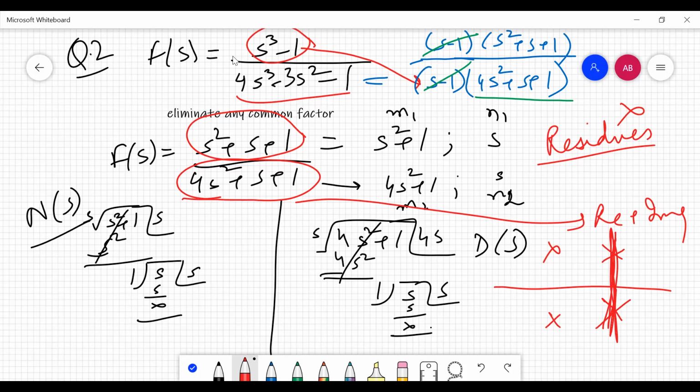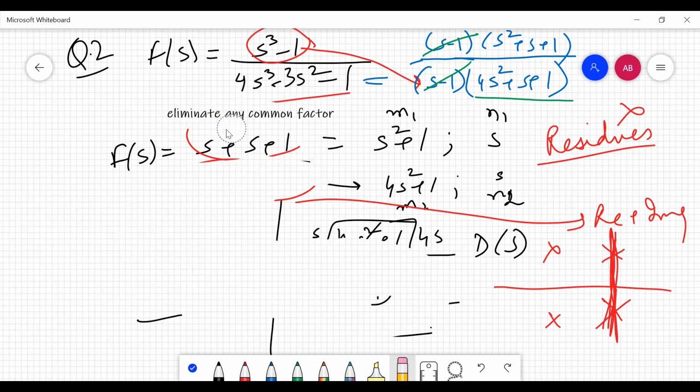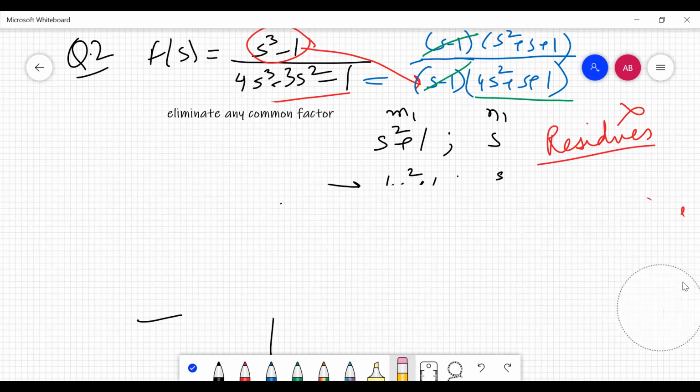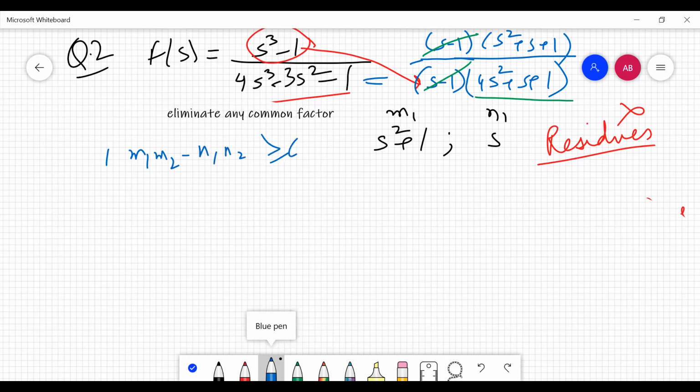That is, m1 m2 minus n1 n2 needs to be positive. So let's put the values of m1 m2 minus n1 n2 here. m1 m2 minus n1 n2 should be greater than or equal to 0.